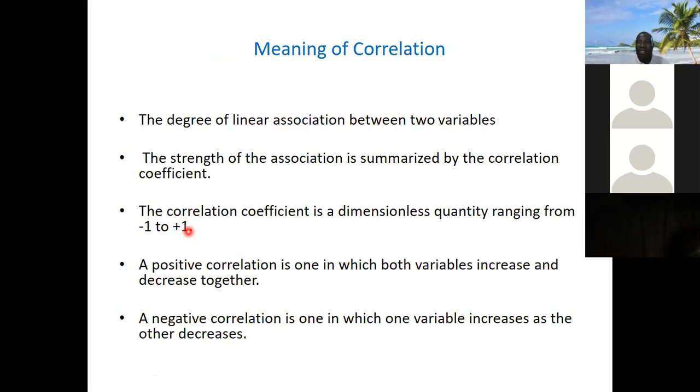Two things are directly proportional to one another. As one increases, the other one increases. If one decreases, the other one decreases. That's directly proportional. That is the counterpart of positive correlation.